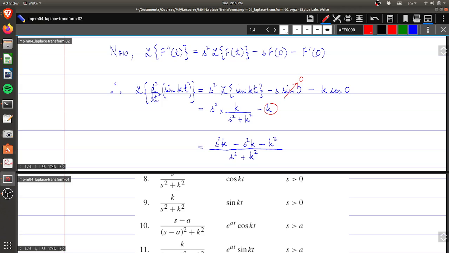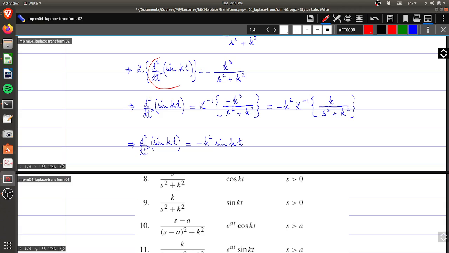Now remember what the original question was: we want to find out the second derivative of this one. To find the second derivative, if I bring this L to the other side, I have to take the inverse Laplace transform.